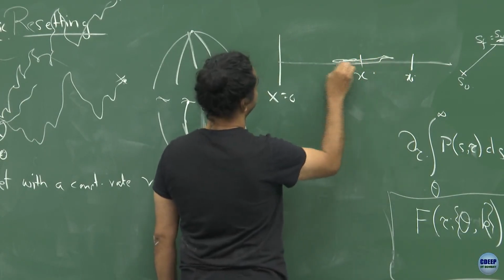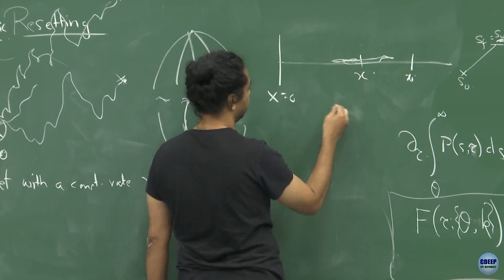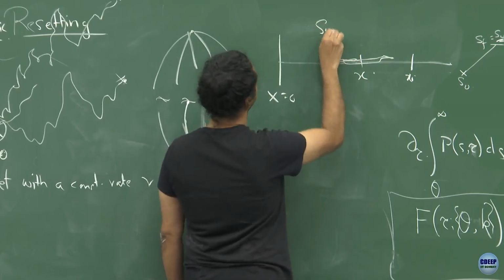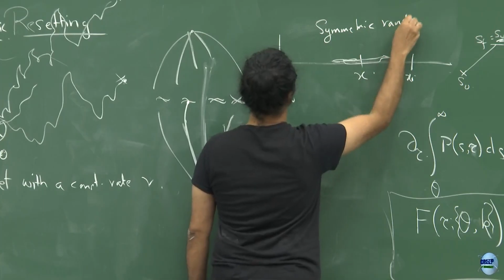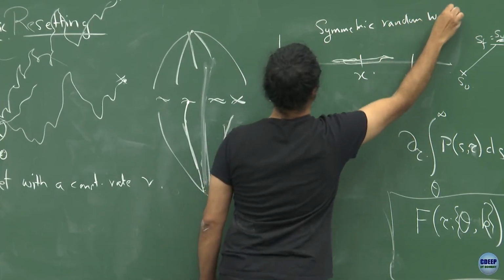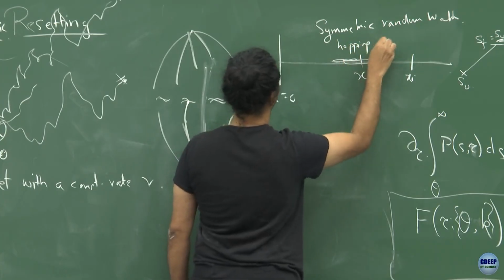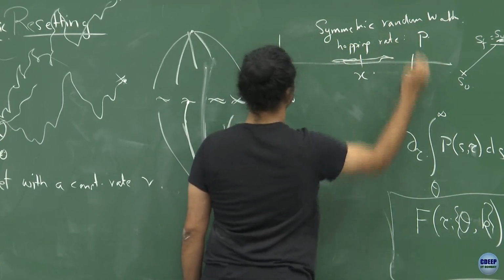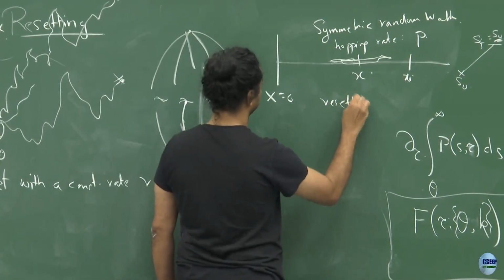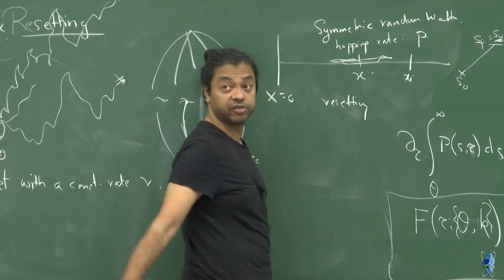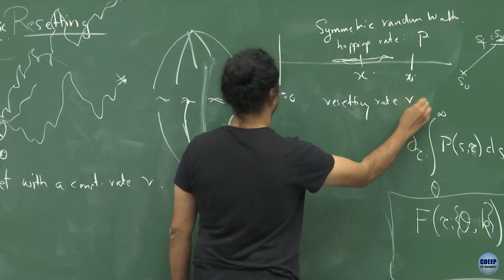Sometimes it walks here, sometimes it walks there. It's a symmetric random walk with a hopping rate of p, and a resetting rate of r. So when it resets to this position x naught, it then again starts doing the random walk.